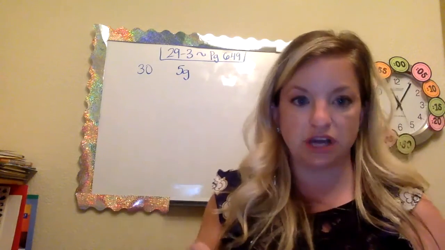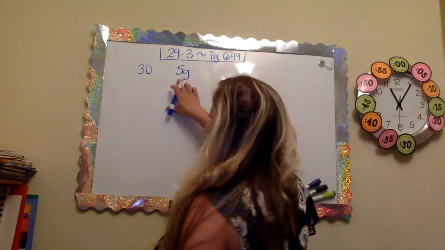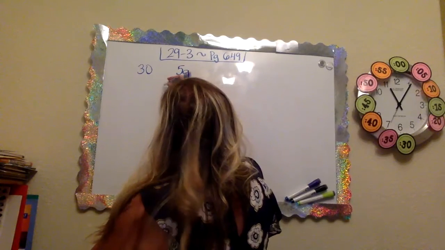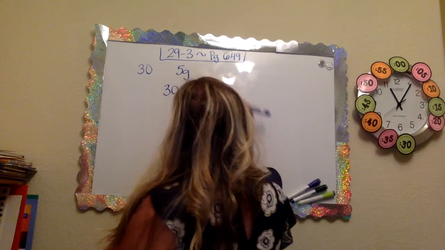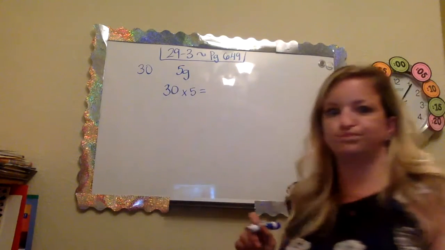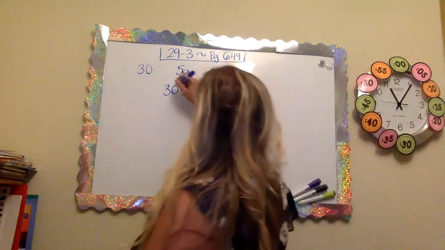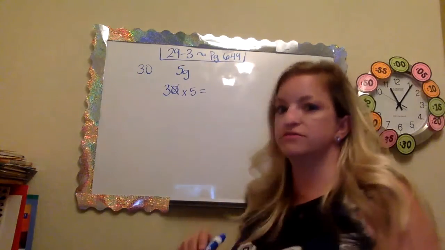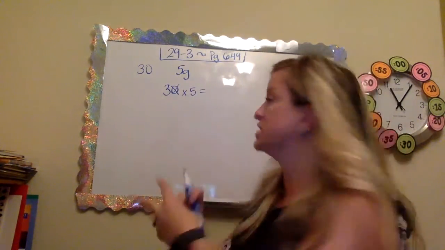So it's groups of, because you have 30 nickels, there's 5 in each one. So it's 30 times 5. This is kind of like what we did before, where you remove the 0. If you do 3 times 5, you can count by 5s. 3 times 5, 10, 15.